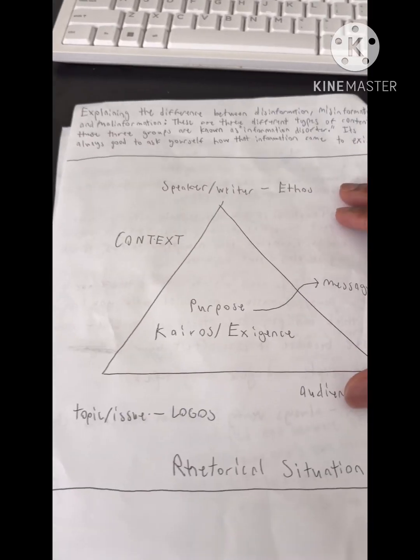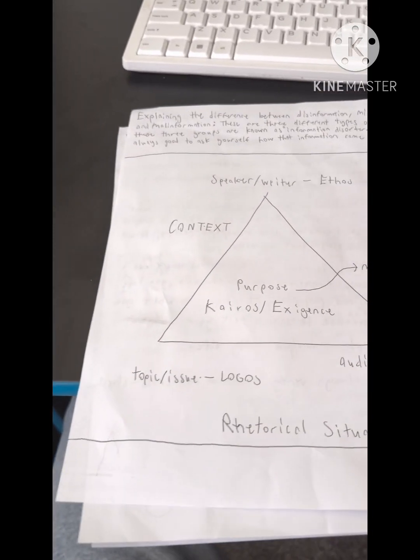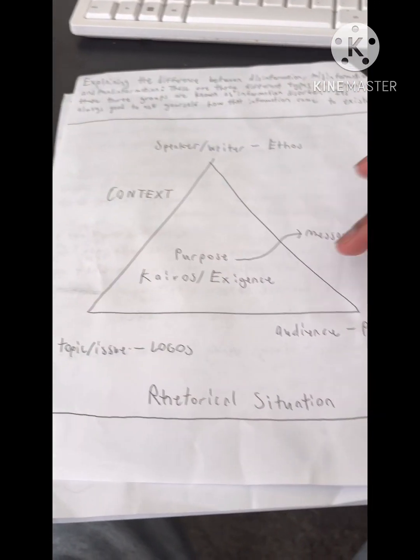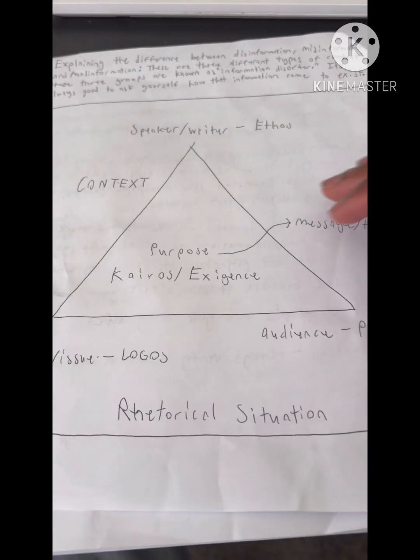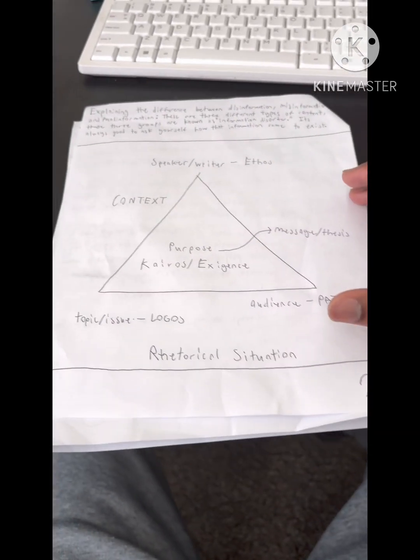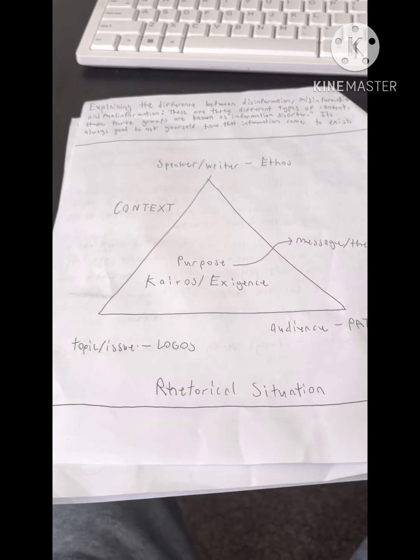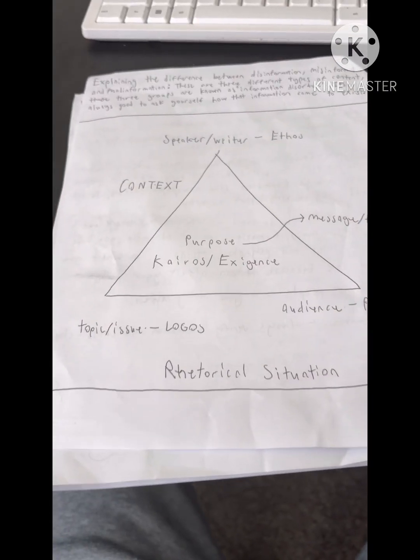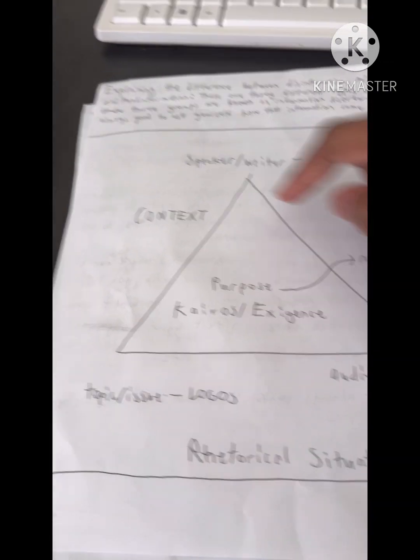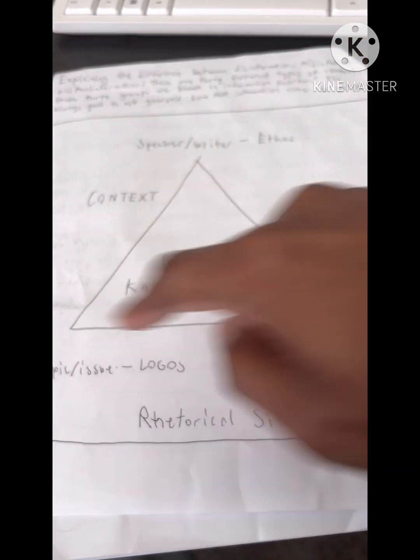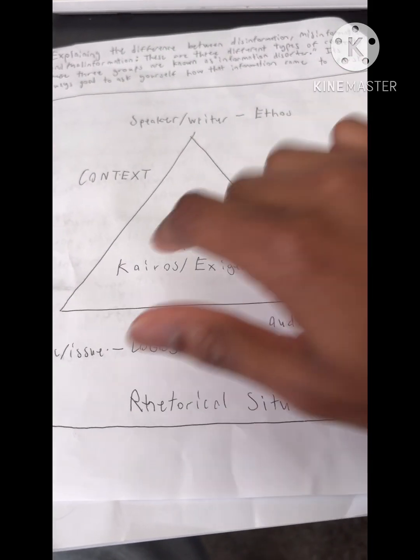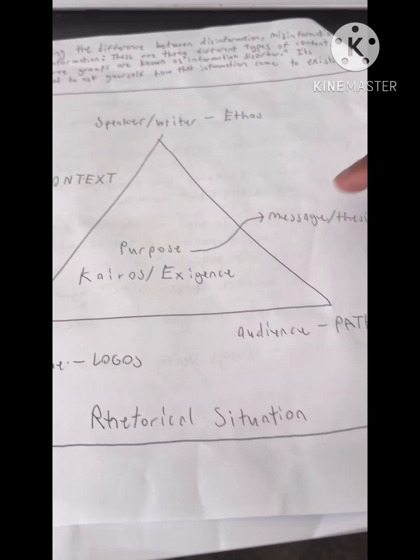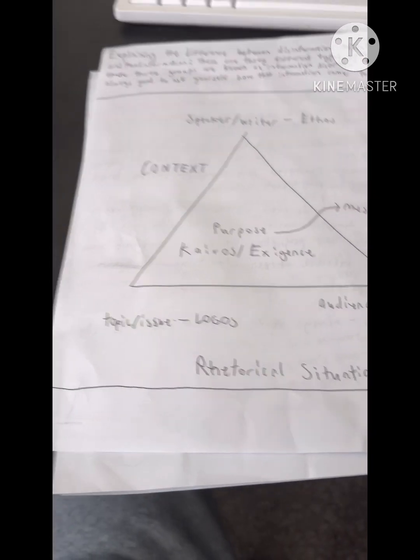And then we have a diagram about the speaker, writing, context, logos, ethos, pathos. I'm gonna go more into that for my Mbongi that I'm going to show right after this. But this is pretty much just a diagram explaining it. And then in the middle it says purpose, chaos, as his message and thesis.